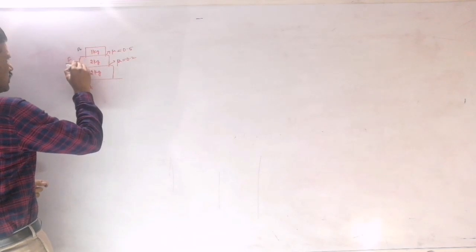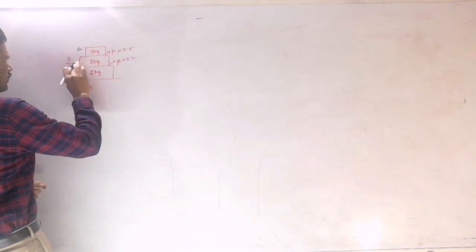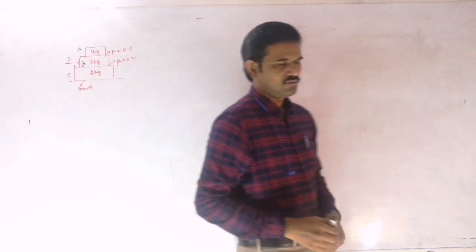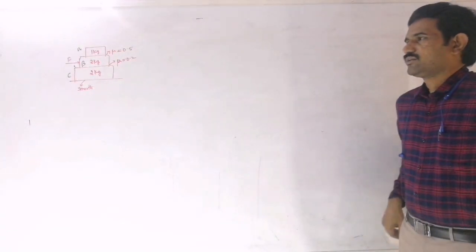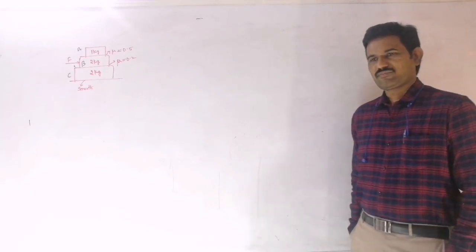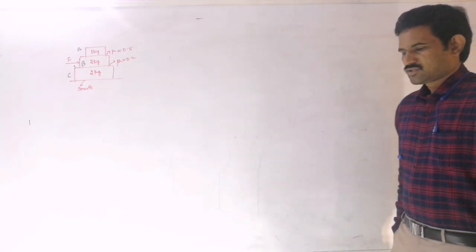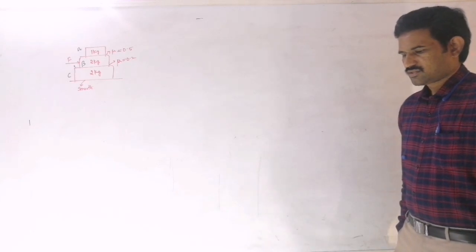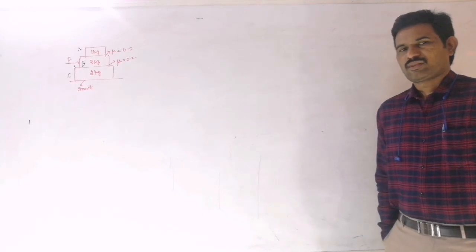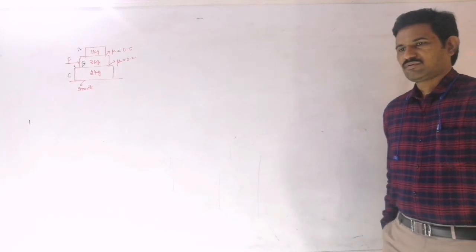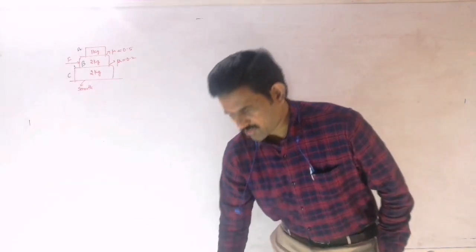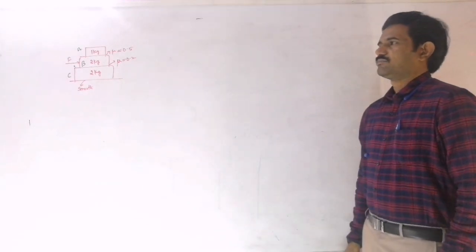Let it be A, B, C. This middle block I am writing as B. Find the maximum value of F such that all the blocks will move together without any relative slipping.